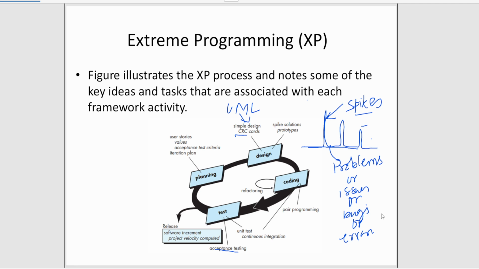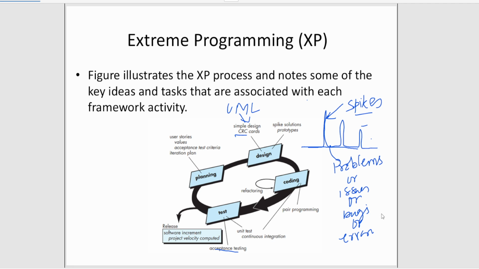Whatever the thing is, we need to spend a certain amount of time thinking about the problems or issues, the solutions to them, and how we are going to resolve them. Sometimes we don't have a concrete plan, so we develop certain prototypes to demonstrate that this is the proper solution to the problem. So at the designing level, we need to have a spike solution, a solution to the problem in the form of small prototypes.